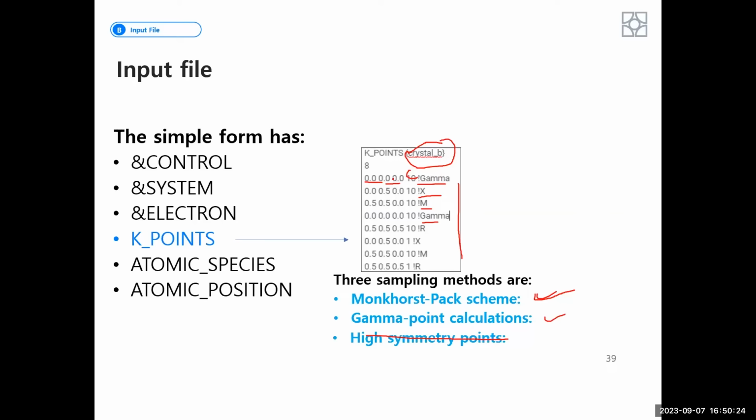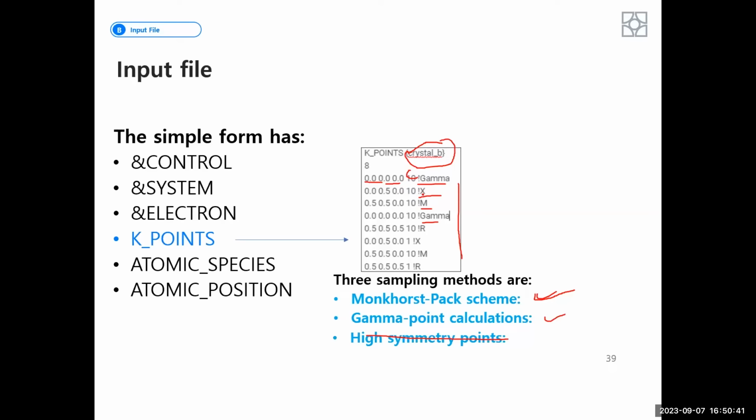If you move to the X value, again 10 states will be computed at this K point. So this is the number of states at each part of the Brillouin zone that will be calculated.